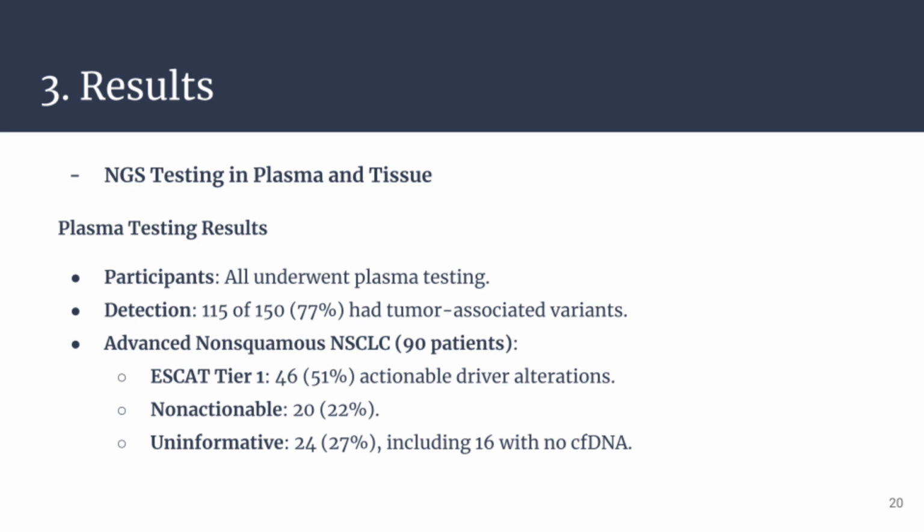Focusing on the 90 patients with advanced NSCLC, we found that 46 patients, or 51%, had ESCAT Tier 1 actionable driver alterations. Additionally, 20 patients, or 22%, had non-actionable driver alterations. Finally, 24 patients, or 27%, had uninformative results.